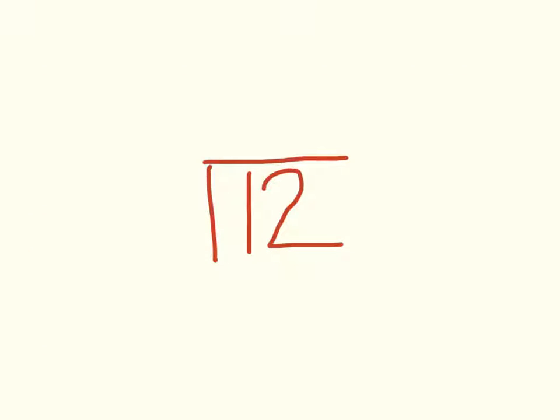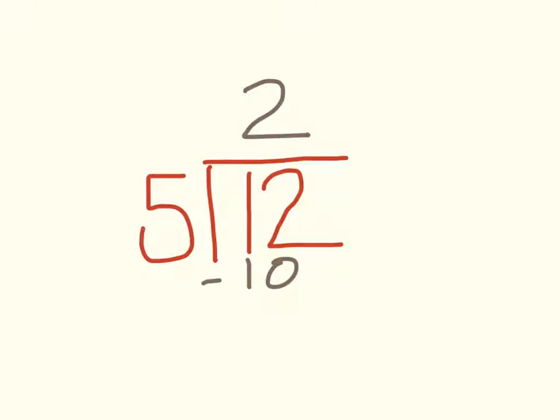I have 12 bicycles, and I will say 12 bags of candy, since that sounds more fun than bicycles. 12 bags of candy, and I have 5 friends. So I would say 5 times what is going to give me close to 12, and that would be 2. 2 times 5 is 10.